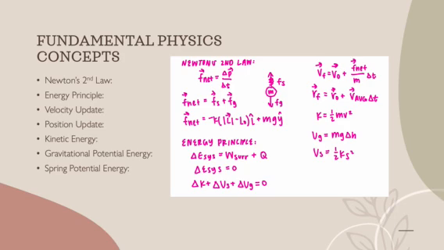And then on the bottom left side are all the equations from the energy principle, which states that the system's change in energy is the sum of the work done by the surroundings and thermal energy exchanged with the surroundings. And then on the right hand side are some useful equations that we used in our GlowScript code. In order, there's the velocity update formula, the position update formula, the kinetic energy formula, the gravitational potential energy formula, and the spring potential energy formula.